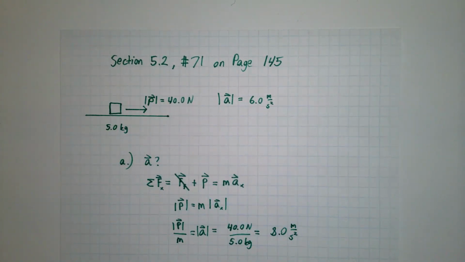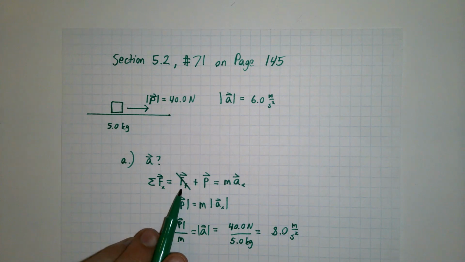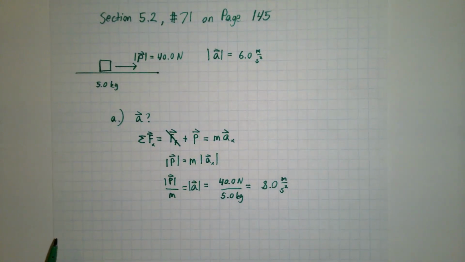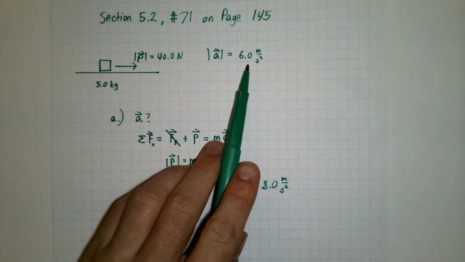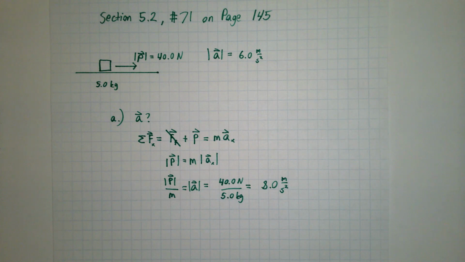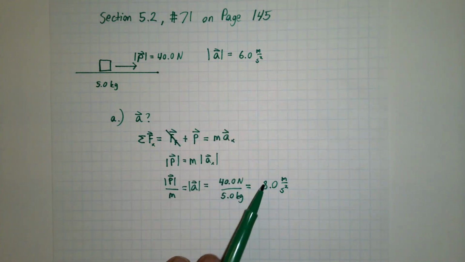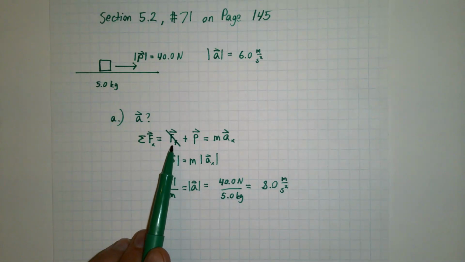That would be our acceleration if there was no frictional force. But there is indeed a frictional force, and that changes what our acceleration would be. Our acceleration actually is 6.0 meters per second squared. It makes sense that it'd be a smaller acceleration because this force works against the pushing force.